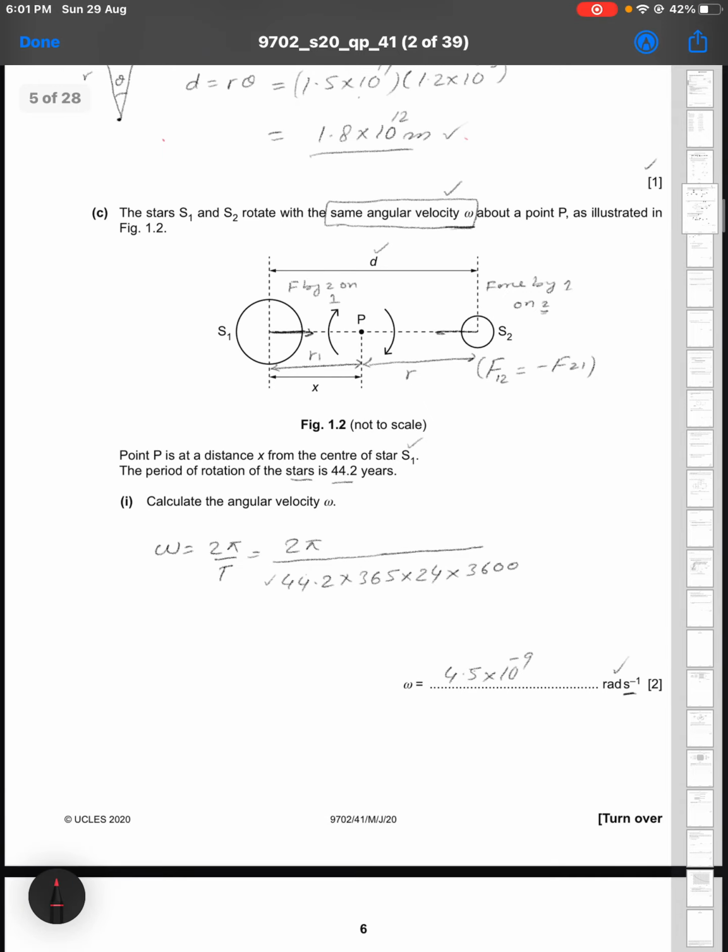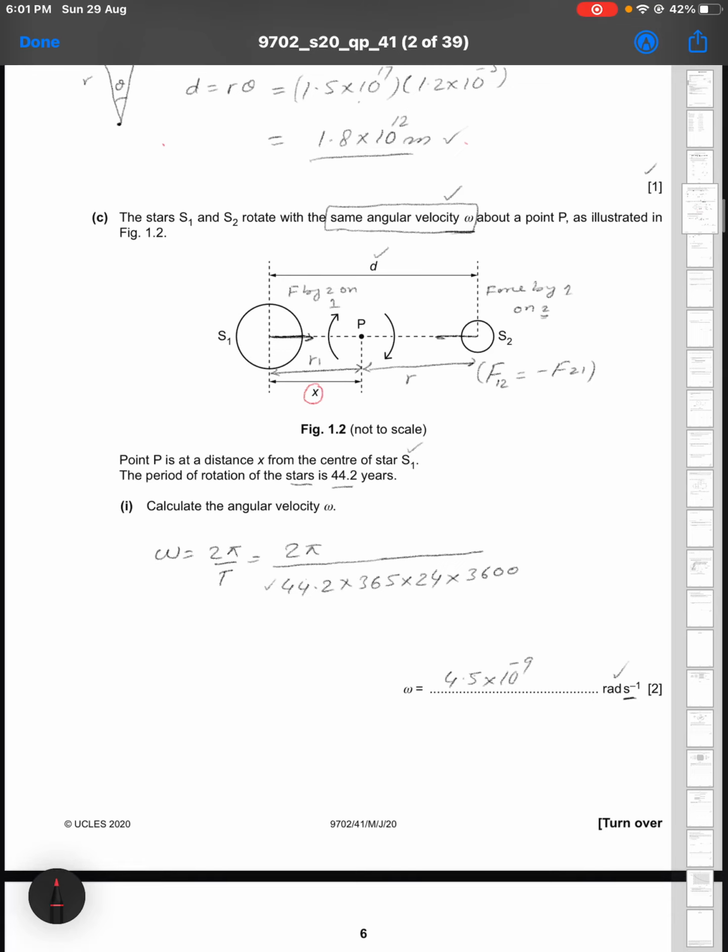So r1 is considered as x, and r2 we can write as d minus x, because the total distance is d, and from S1 to the central point P is x, so r2 will definitely be d minus x.